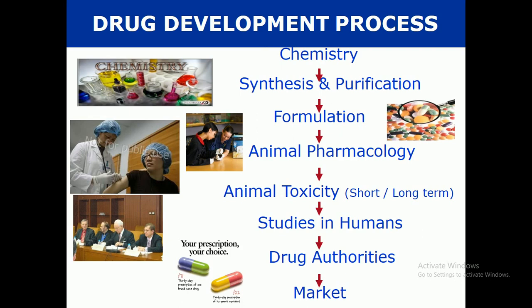It means that before the development of a drug, we are responsible for formulating, synthesizing, and doing clinical trials on animals, plants, and humans, and after that the drug can be approved by the FDA, Food and Drug Administration, and then launched in the market.